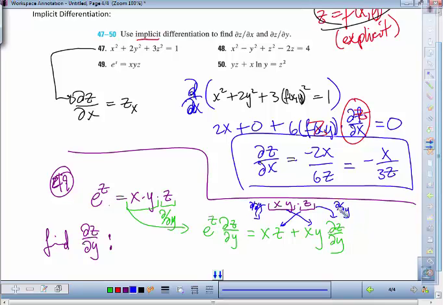And just remember that z is a dependent variable dependent on x and y, so it could be a function of x and or y. And so when you take the derivative of z, you have to say dz d whatever. Okay?